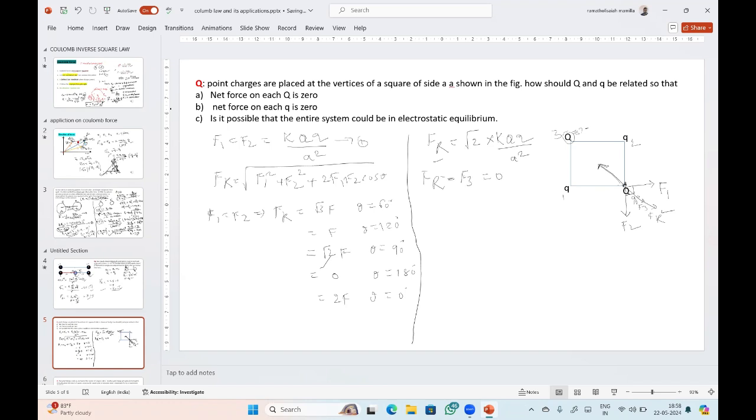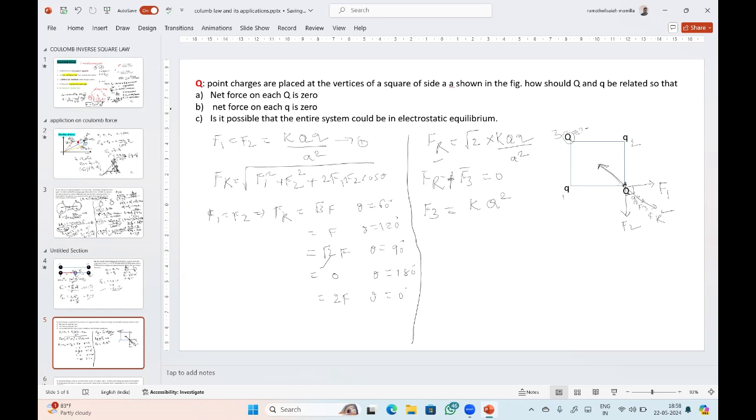Because this is Fr, one direction, you take it as positive, then F3 is in the negative direction. Here F3 is the force between Q and Q. I don't know the nature of Q, but I will take it as Q only. So K into Q square. Here you have to take the net force as the vector addition only.